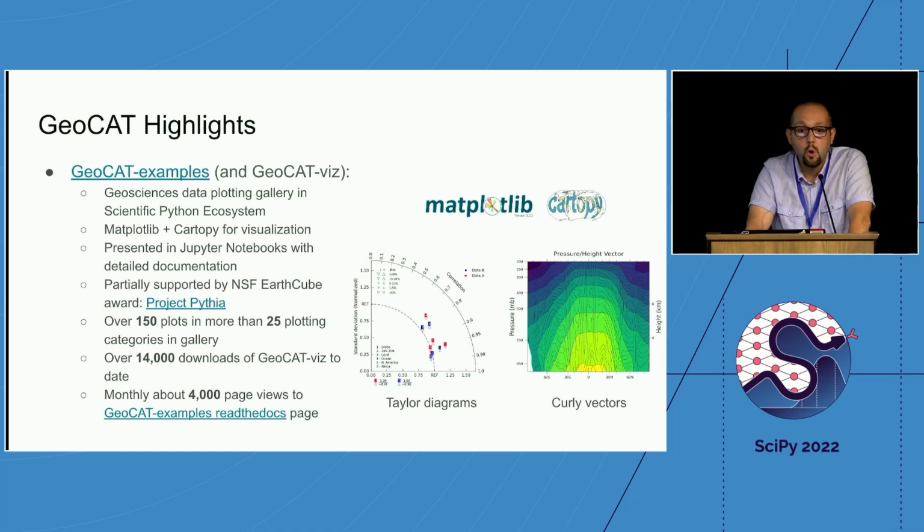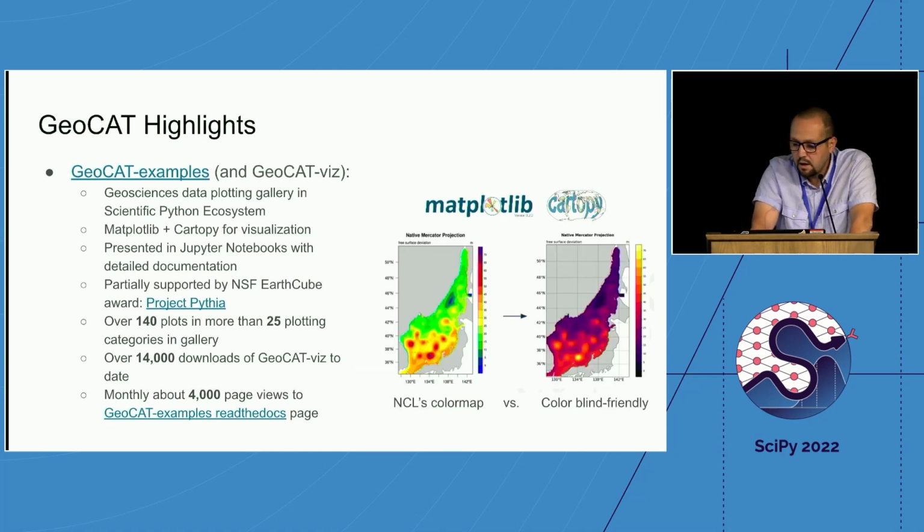As of today, I don't think there is a trivially available visualization function to put Taylor diagrams or especially curly vectors into a plot. So these are novel things that GeoCAT Viz introduced, still using matplotlib functions.